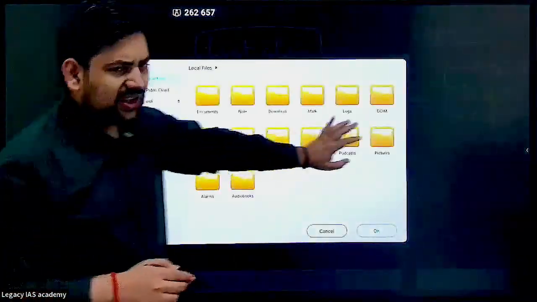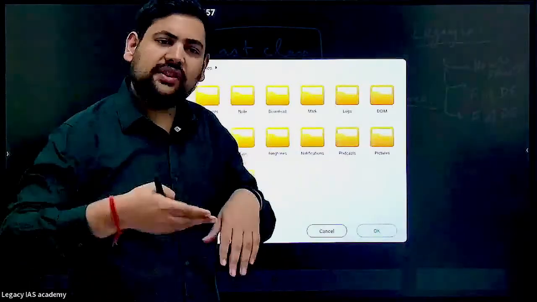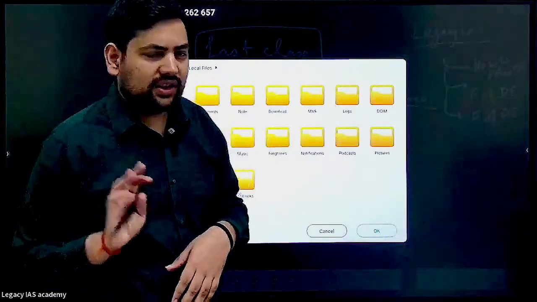There's nothing new in them. It's just formulation of differential equations. So I have taken four, five more questions. That's it.